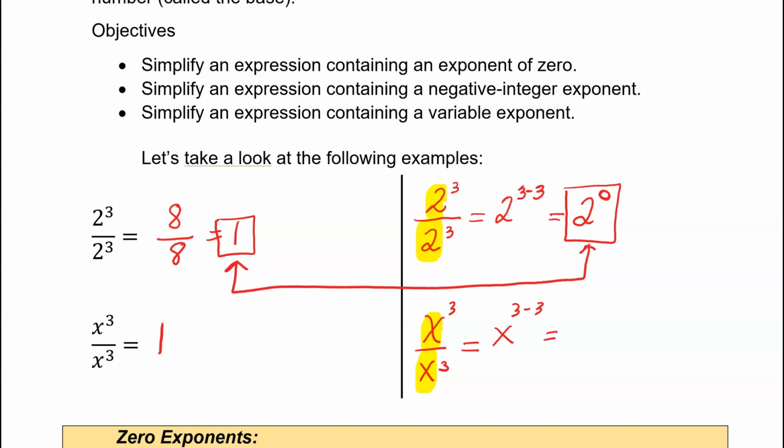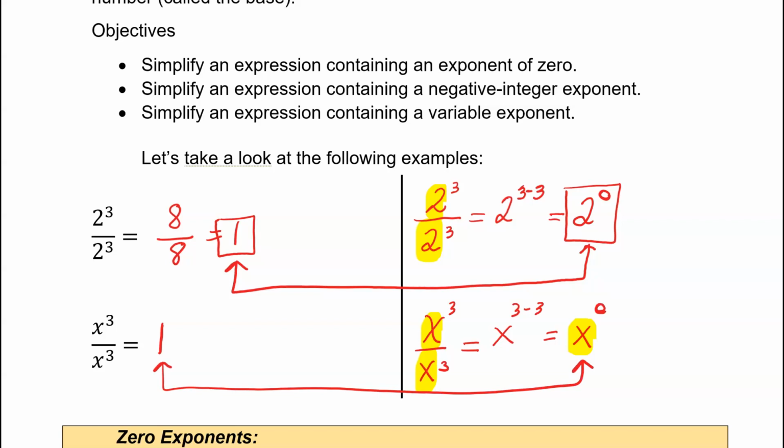So it doesn't matter, notice, because we have x to the 0. It doesn't matter what's in this position. X represents some number, right? So if it's any number other than 0, if it's to the 0 power, then that proves to us that it equals 1.